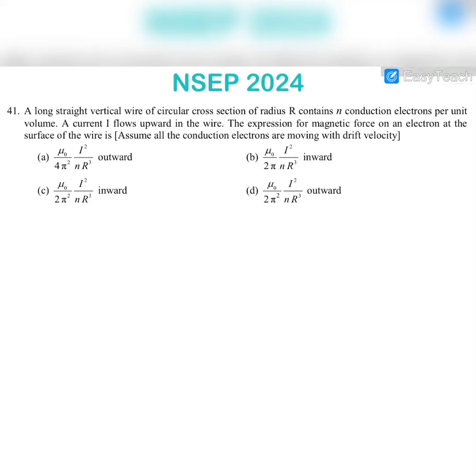In this question, you can see there is a long straight wire of circular cross section, and the radius of the cross section is r, and it contains n conduction electrons per unit volume. So electron density is n.